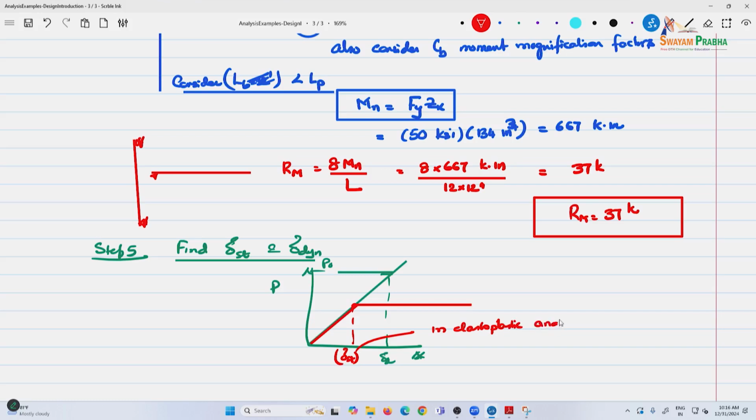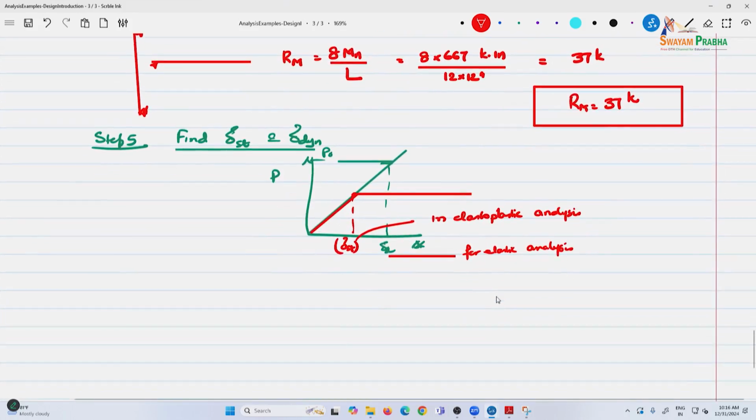When you did the problem yesterday, were you able to compare the two, and are they similar? They were? Okay. So, this is for elastic analysis, and we had to lay a basis. Most of your design is elastoplastic anyway.